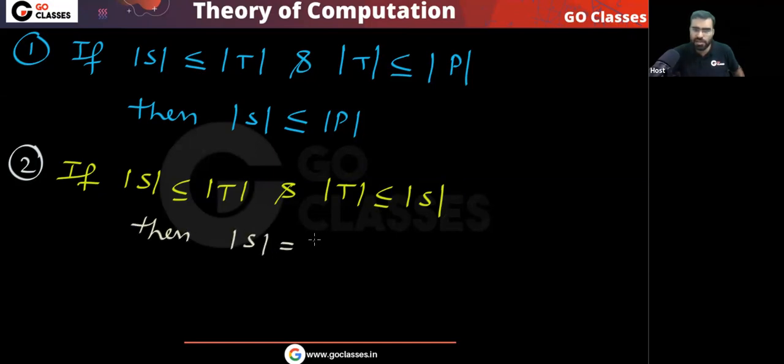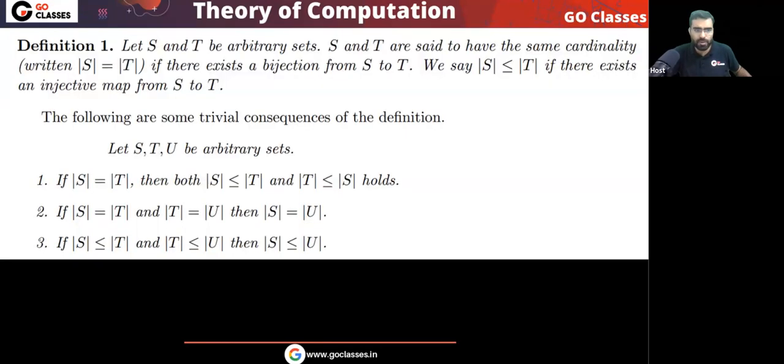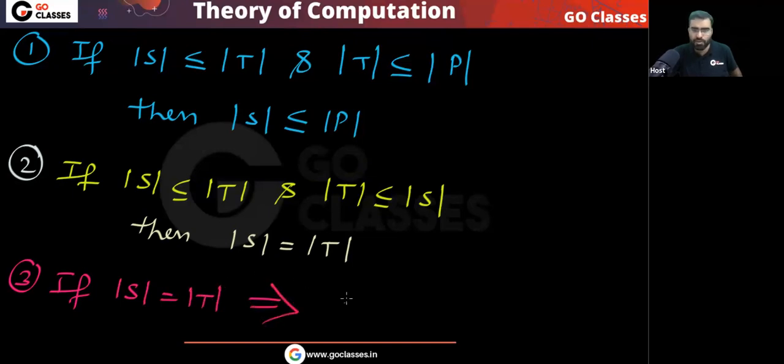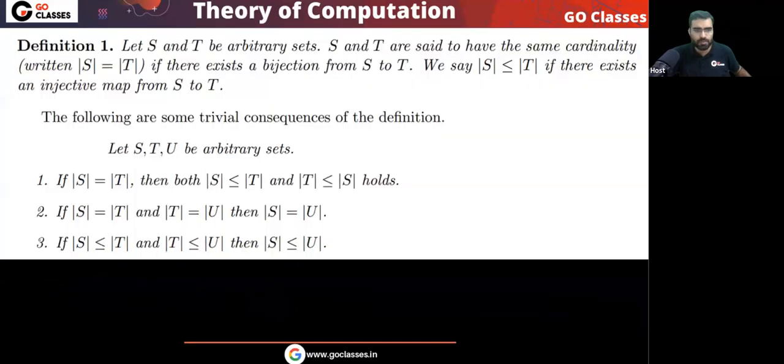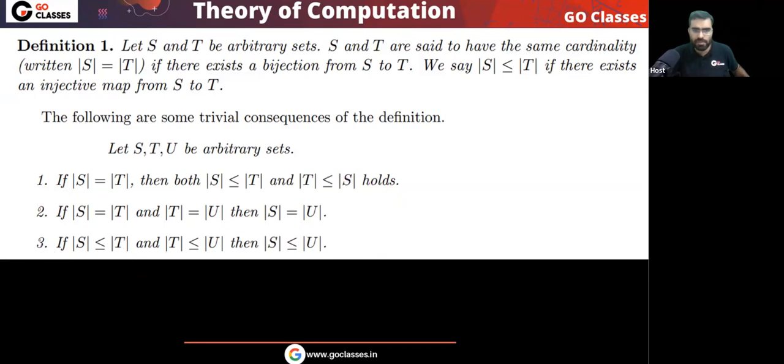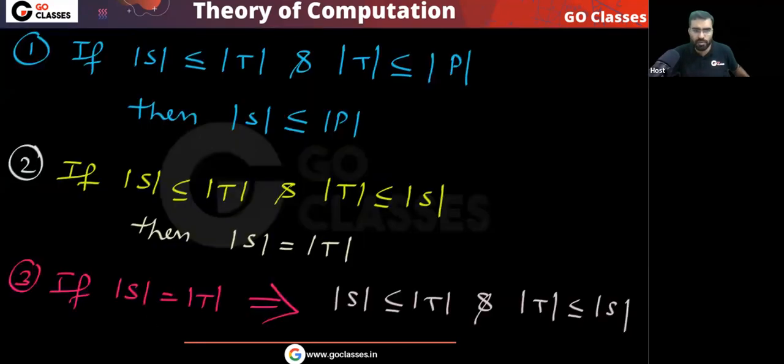You can say that the cardinality of S is equal to the cardinality of T, right? Very simple point. And the same thing you can say in the other direction also: if two sets have the same cardinality, then you can say both inequalities. All these points we have already seen, you can just check it out.